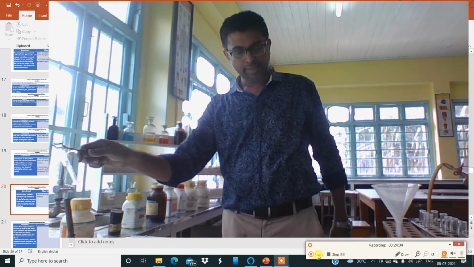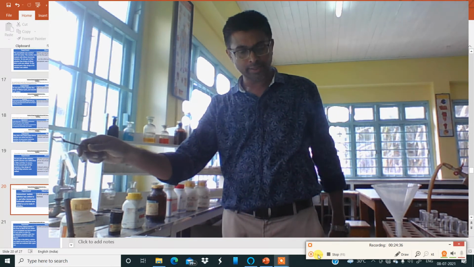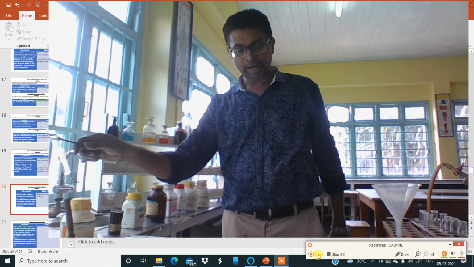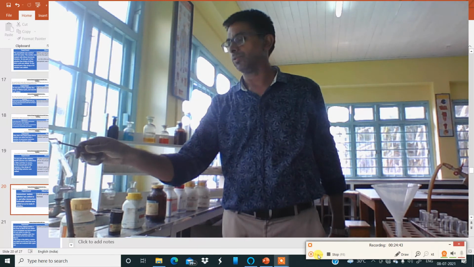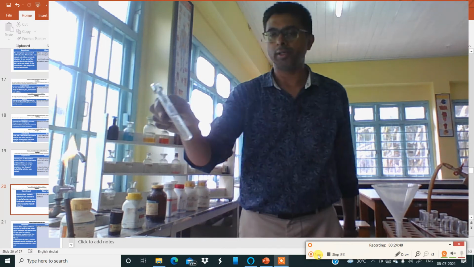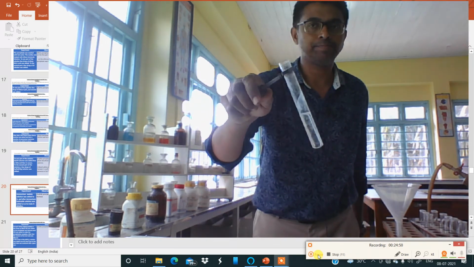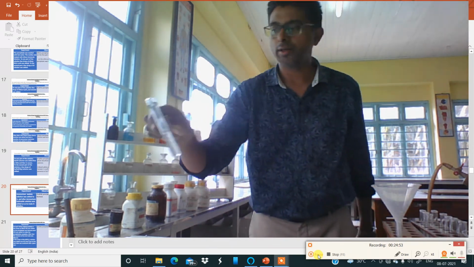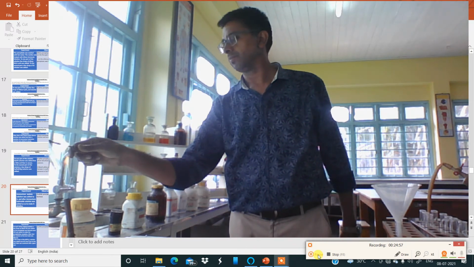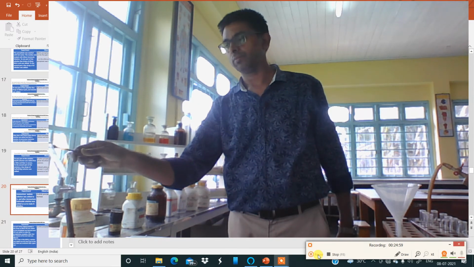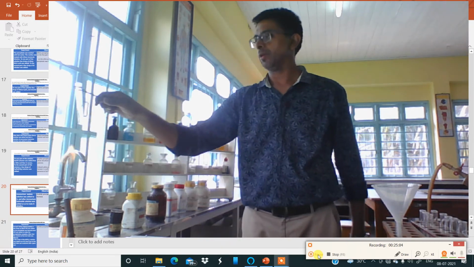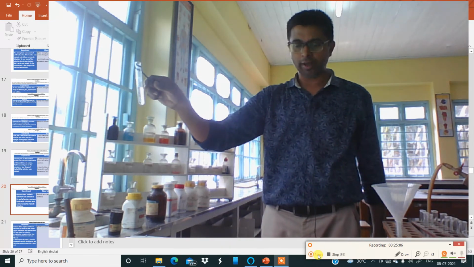After that, I must add ammonium oxalate, and then I must add ammonium hydroxide also. Carbon dioxide gas is coming. You can see the bubbles rising. Carbon dioxide gas is being evolved from this solution. Okay, the boiling and evolution of carbon dioxide is done.